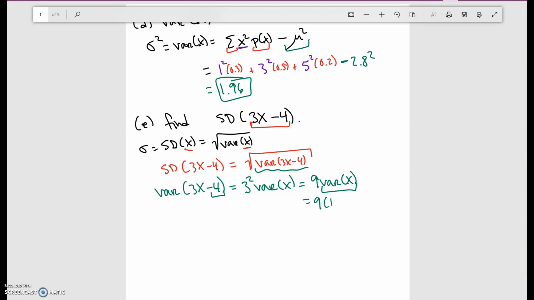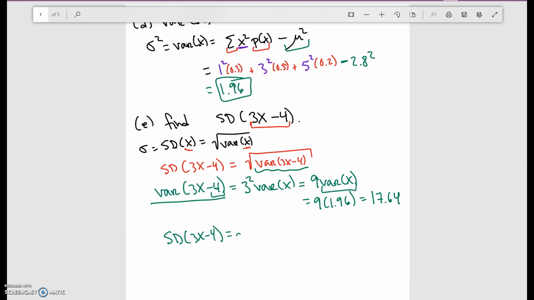So this is 9 times 1.96. Okay, so I'm going to go ahead and take the multiplication. 9 times 1.96 gives me 17.64. Now that's not quite what I want. What I want is not the variance of 3x minus 4, I want the standard deviation of 3x minus 4.